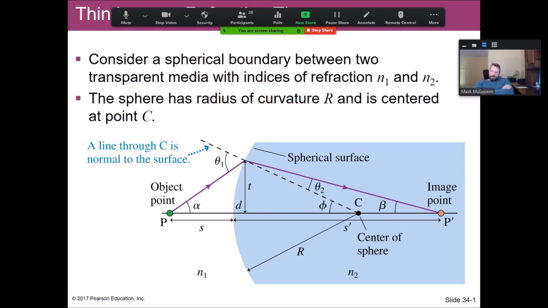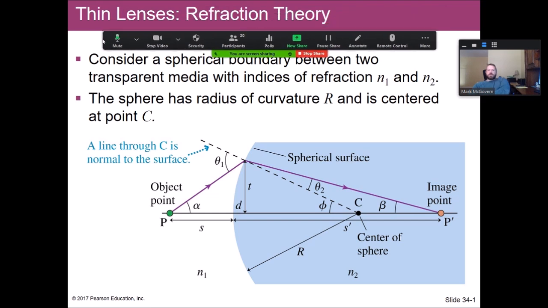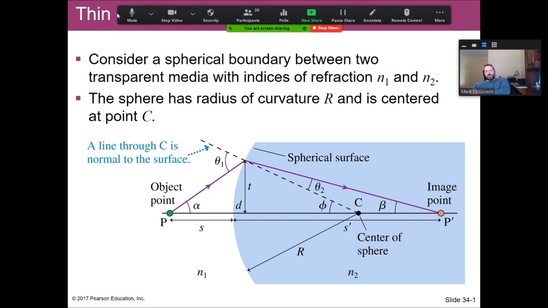But before we really get into lenses, we have to explore a little bit more about refraction and how images can be formed through refraction.